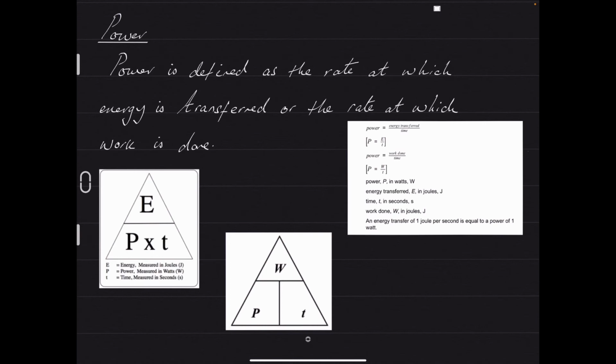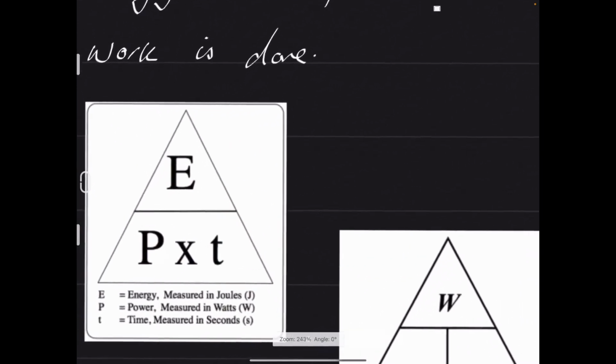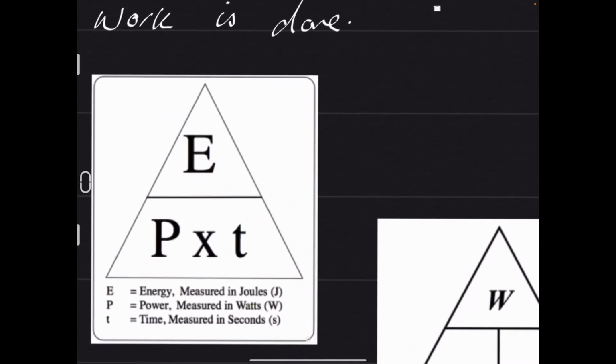The first one, when we talk about energy transferred and we're referring to power, we can use this equation here. So energy, then a division sign, then power times time, and we can put that into a triangle there. So take this down as a formula triangle when we're talking about power and energy transferred.